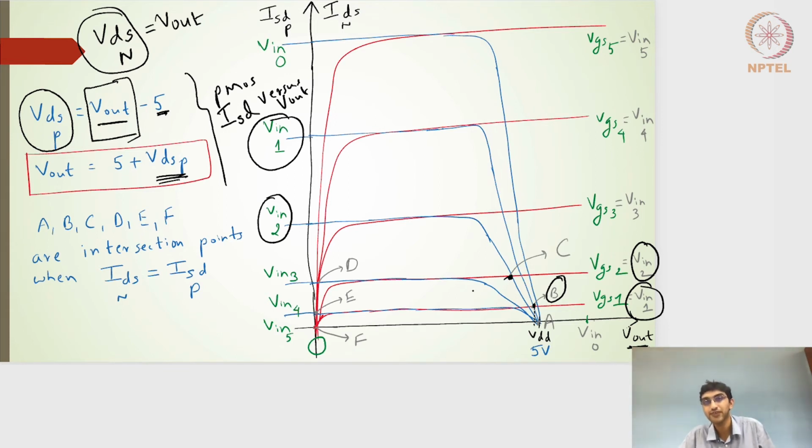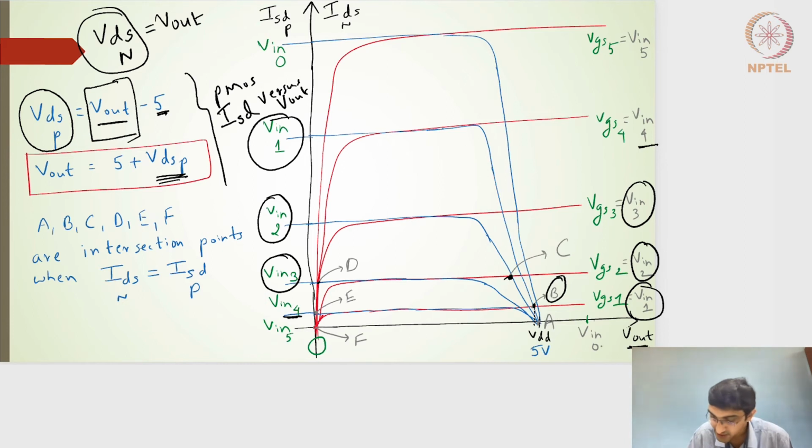The y-axis reflection of the C point will give me the current of the inverter, and the x-axis reflection will give me the output node voltage. Similarly, if the input is 3 volts, I'll get the intersection point D, and for the input of 4 volts, the intersection point will be point E.